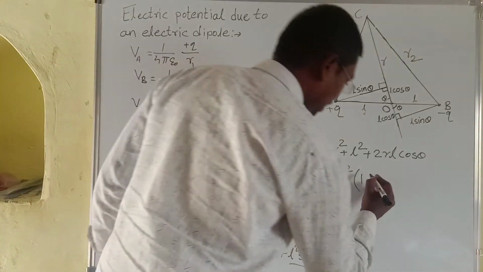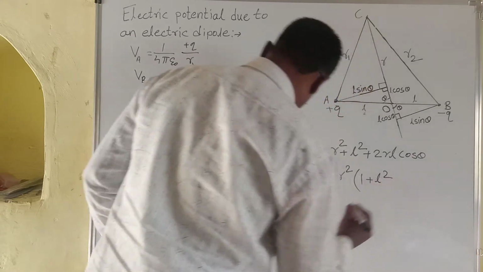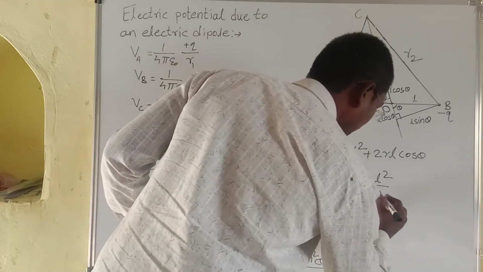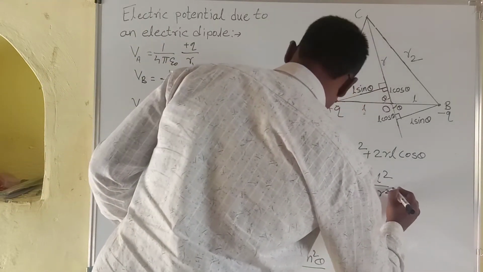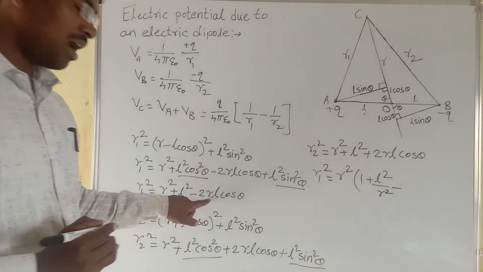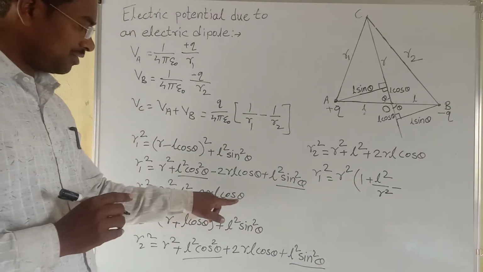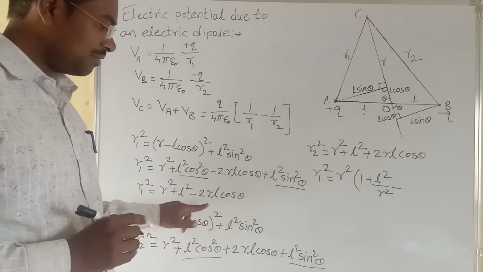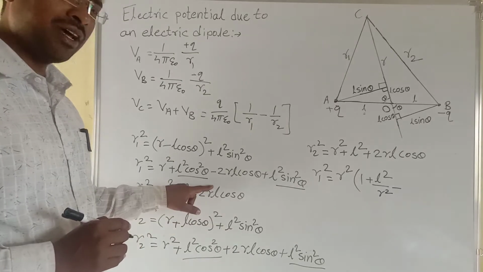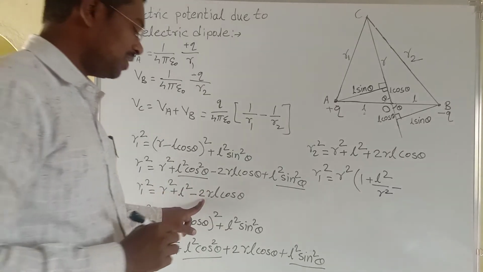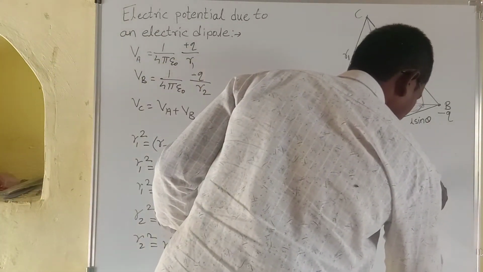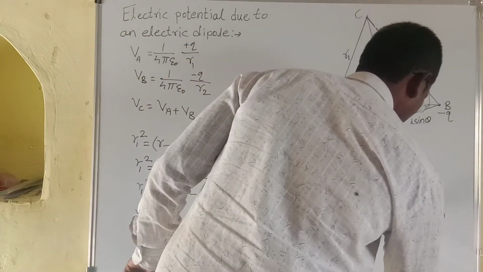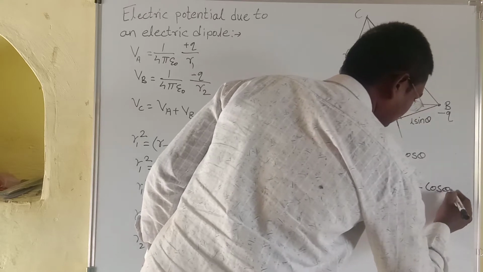Therefore it will be L square divided by R square, minus 2RL cos theta: multiply this term by R and divide it by R. We get here R square and take this outside. So we get 2L upon R into cos theta.